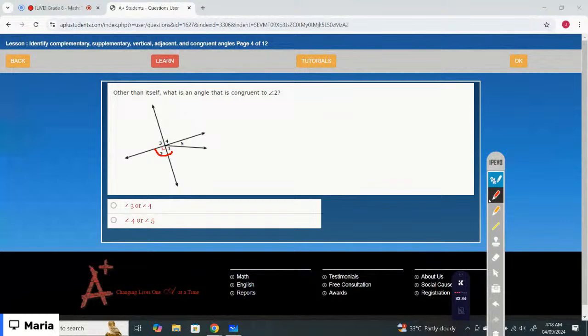Congruent angles are the angles that have the same measurement. The correct option is angle 3 or angle 4.